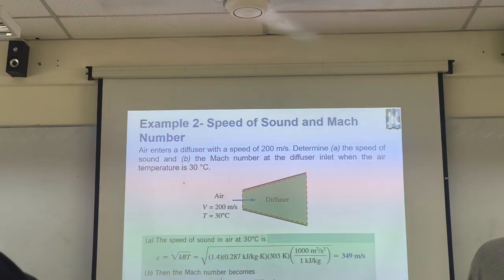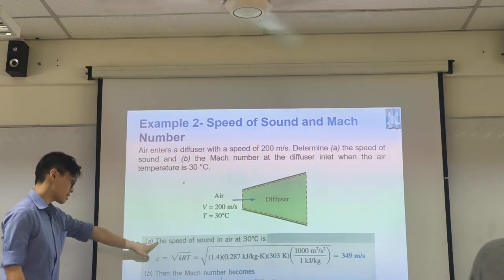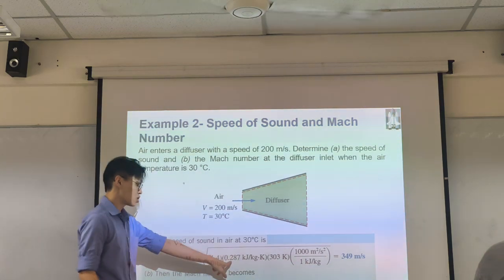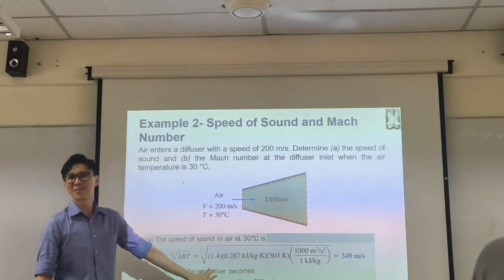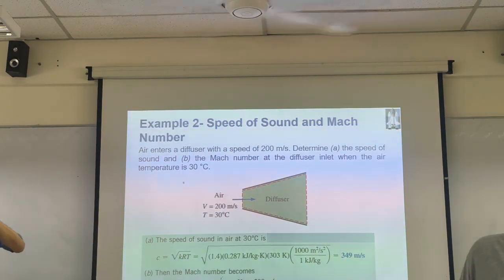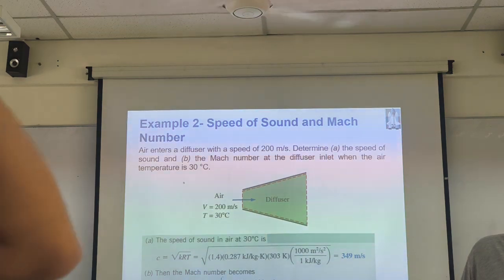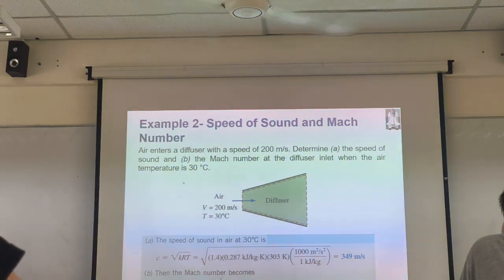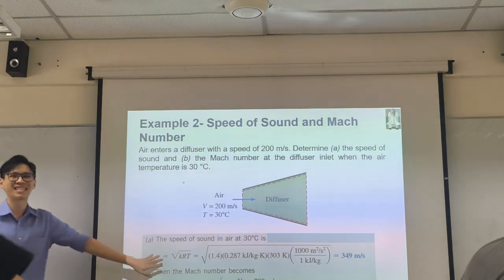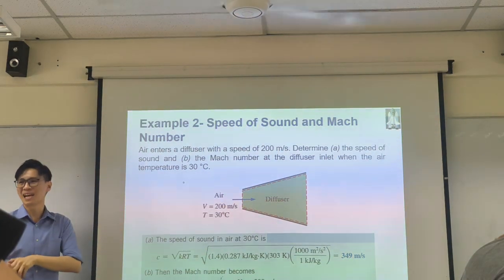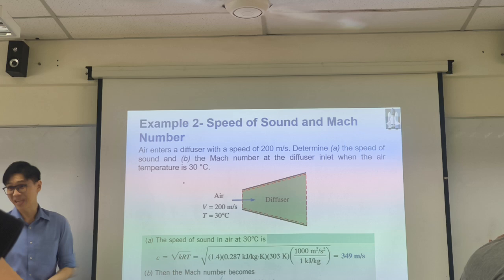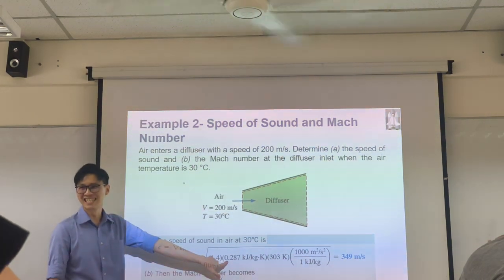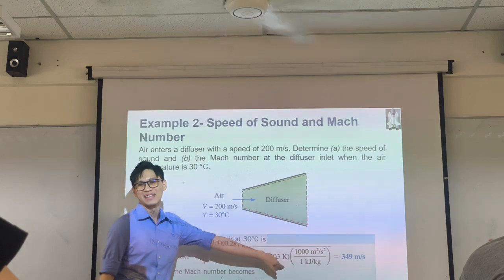So speed of sound in air at 30 degrees Celsius. C equals square root KRT. So K is 1.4, R is 287. Now this one, it is better for you to keep the whole unit. What I mean is this. When you come to thermal, we always convert everything to kilo. But if you use kilo in this equation, then you need to multiply by the 1000 back.